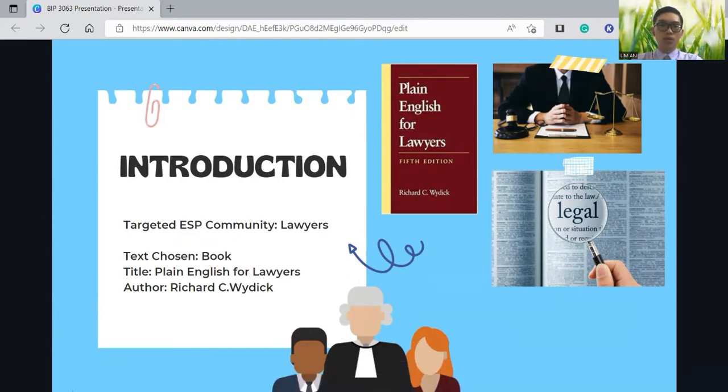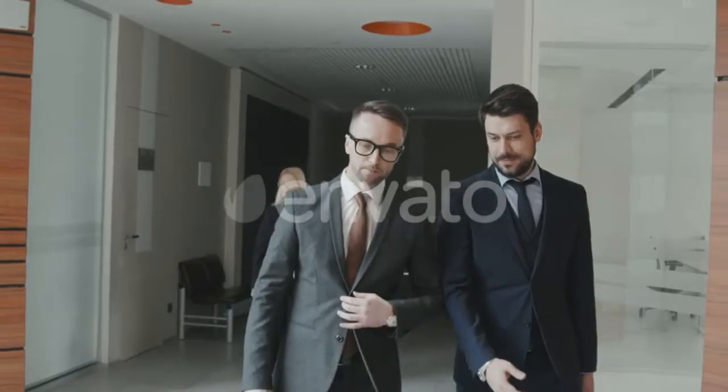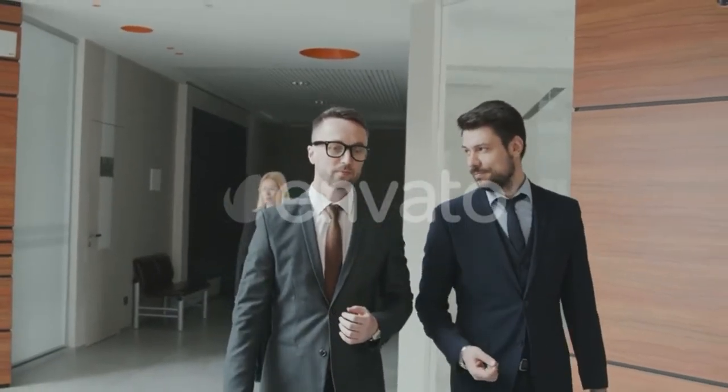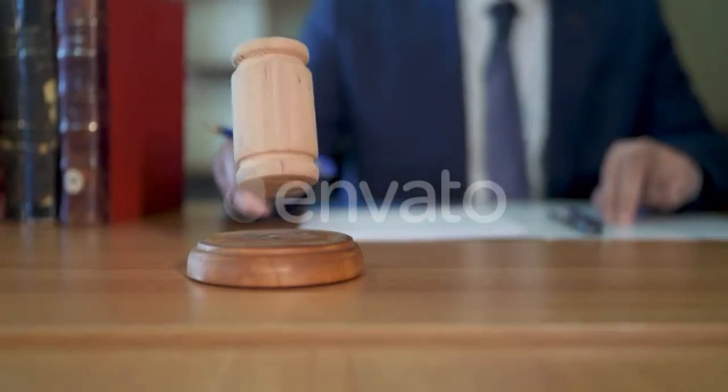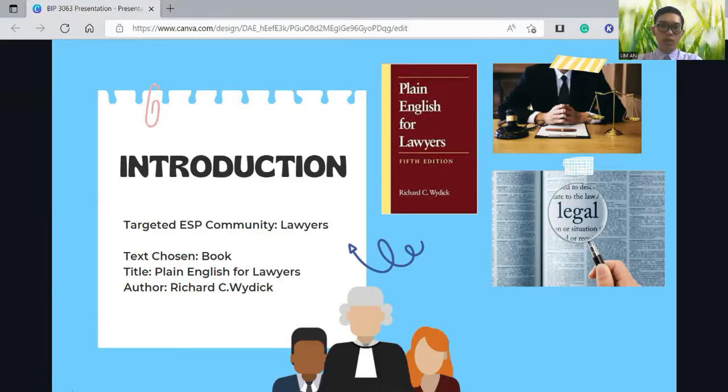The text chosen is a book named Plain English for Lawyers, the 5th edition, which is written by Dr. Richard C. Dick. English for Lawyers is also known as legal English. It is a technical language specifically designed for legal professionals. This encompasses judges, lawyers, attorneys, and you name it.